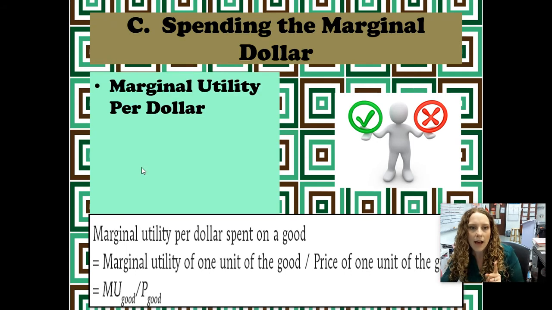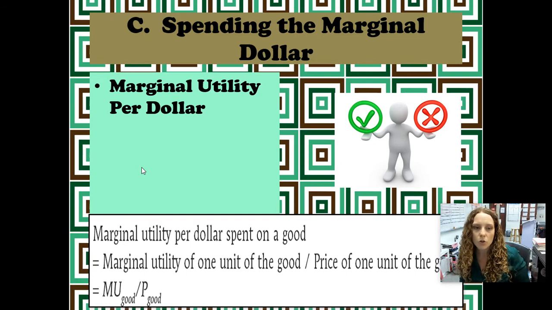And we find that with the concept of marginal utility per dollar. That is the additional utility that you get for the next dollar that you spend on a good or a service.